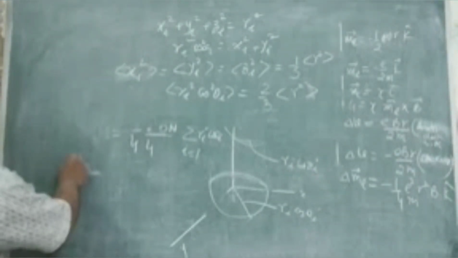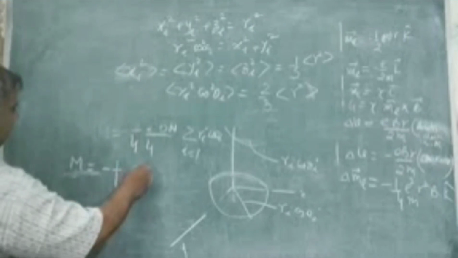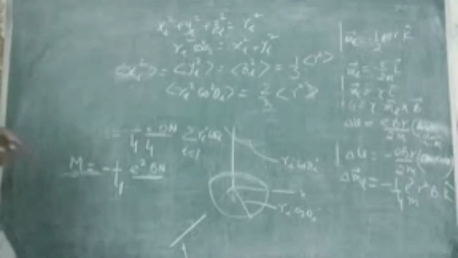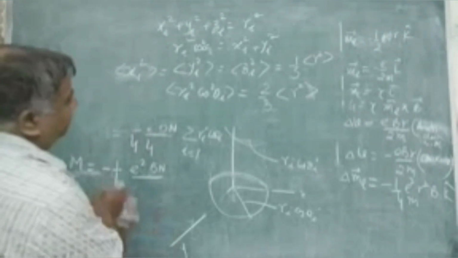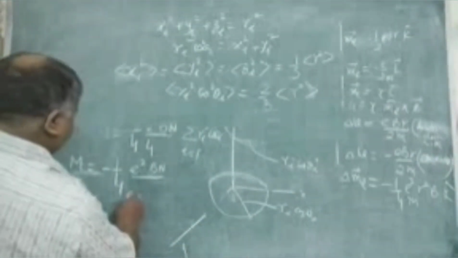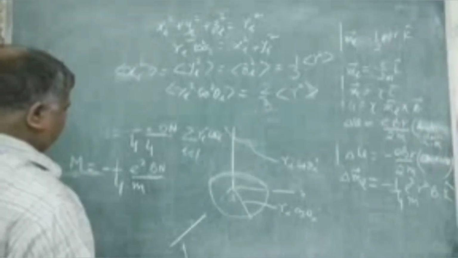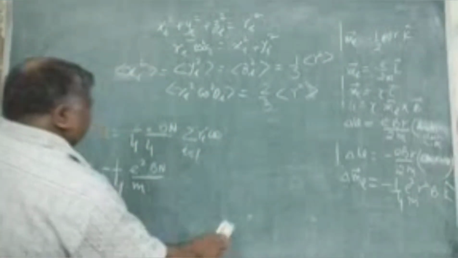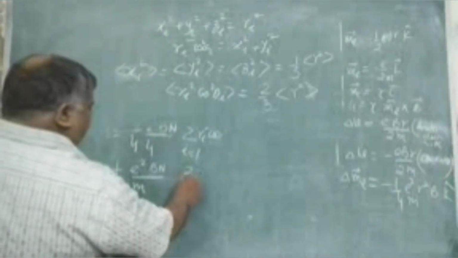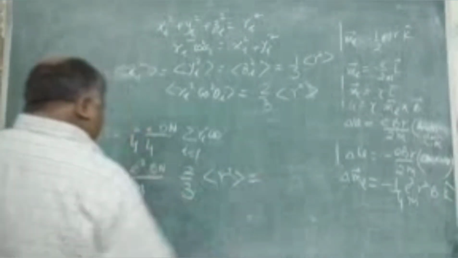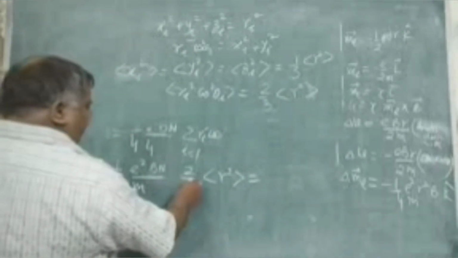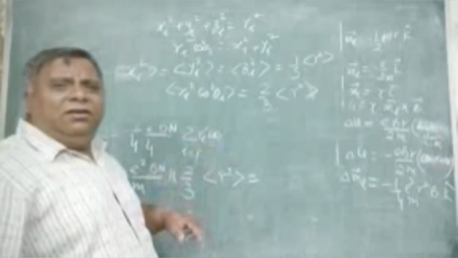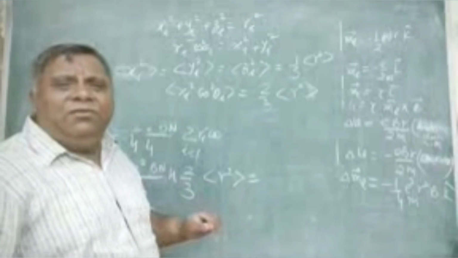We have M equal to minus 1 upon 4 e square B n m, 2 by 3, into n, because the summation is over n, so the summation is equal to the average value into n.